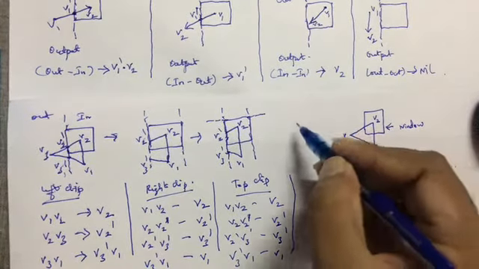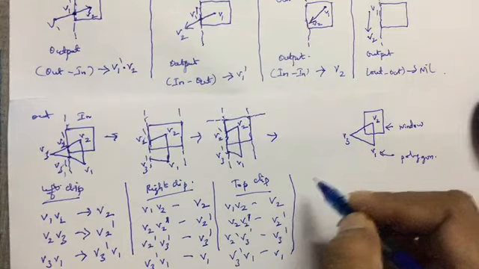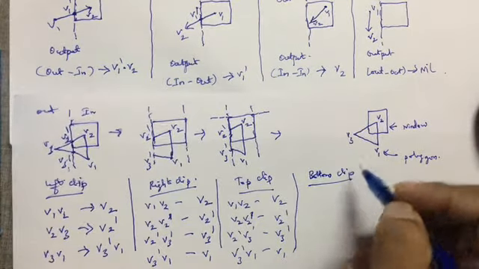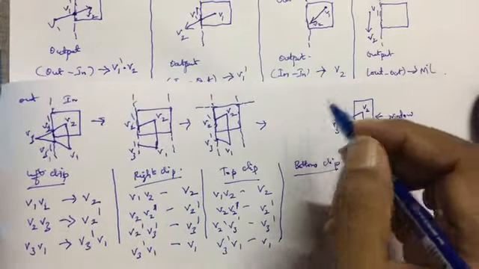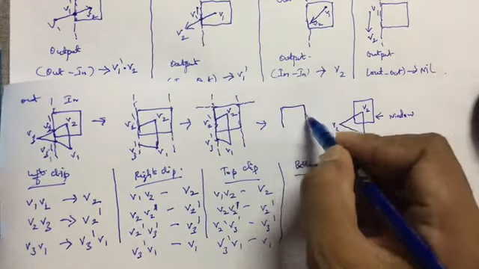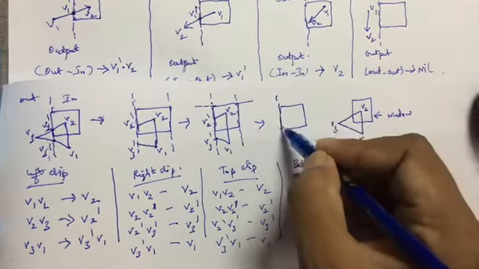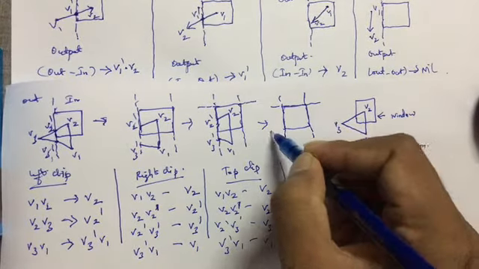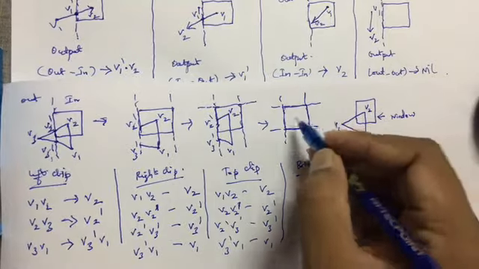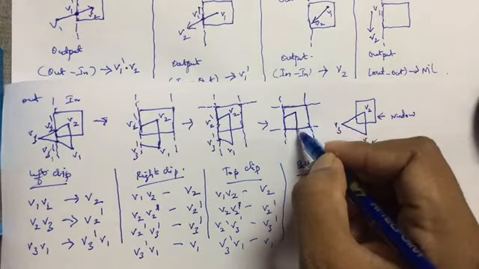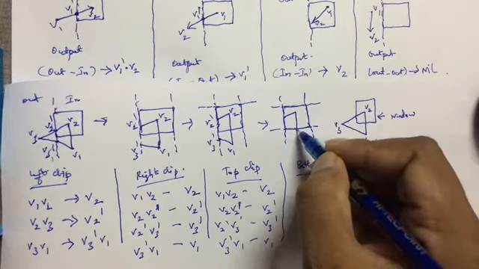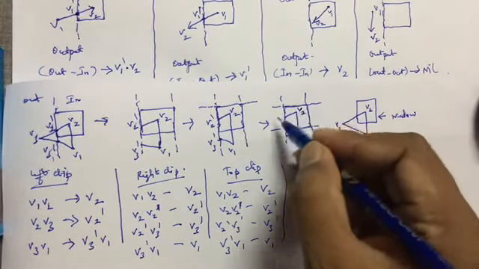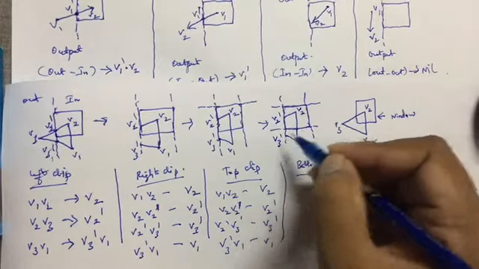Now the last step, bottom clip. In this case, this will be the window, this will be the margin. The output will be V1, V2, V2 dash, V3 dash.